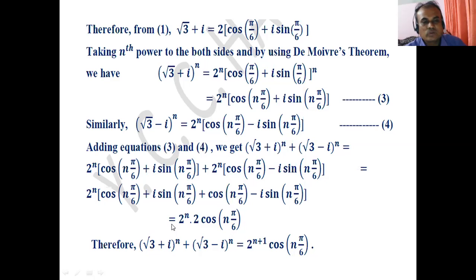So 2 raised to n into 2 cos n pi by 6. Now the base is the same, so the power is n plus 1, by using the third rule. Therefore, root 3 plus i raised to n plus root 3 minus i raised to n is equal to 2 raised to n plus 1 into cos of n pi by 6. Hence the result. This is the solution of example 2.